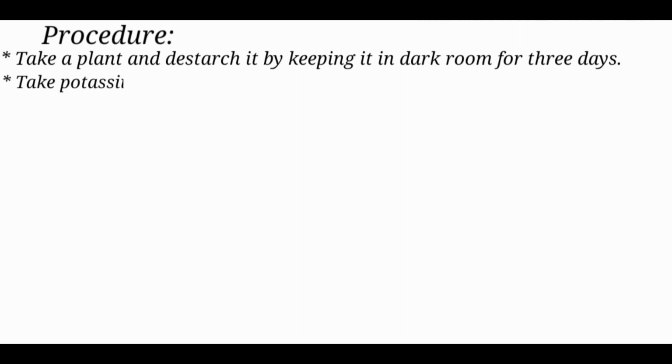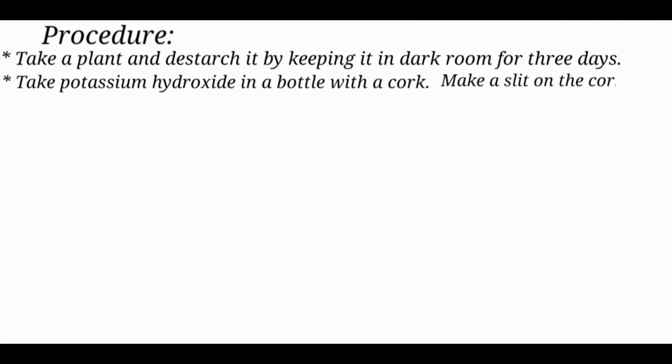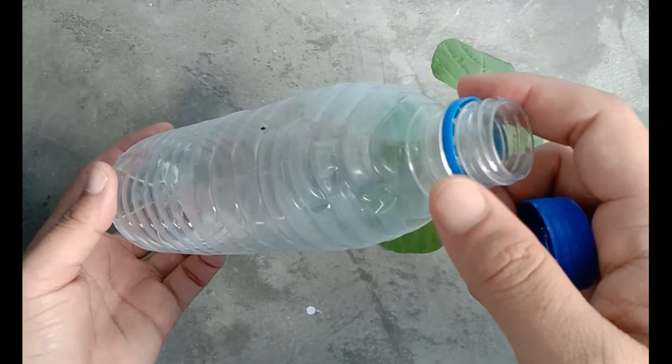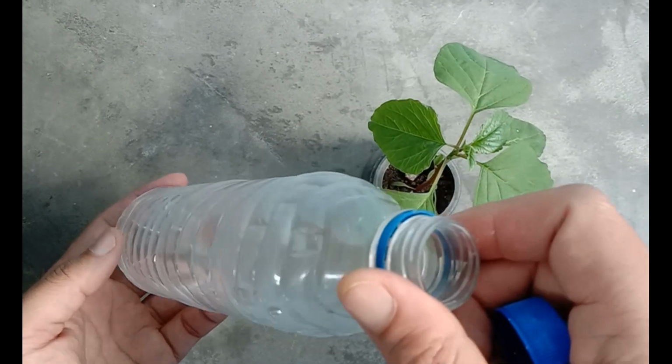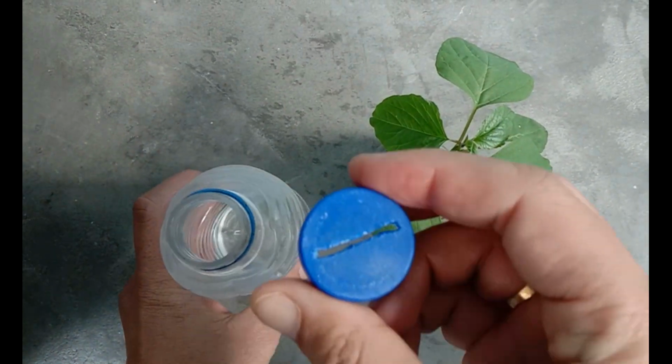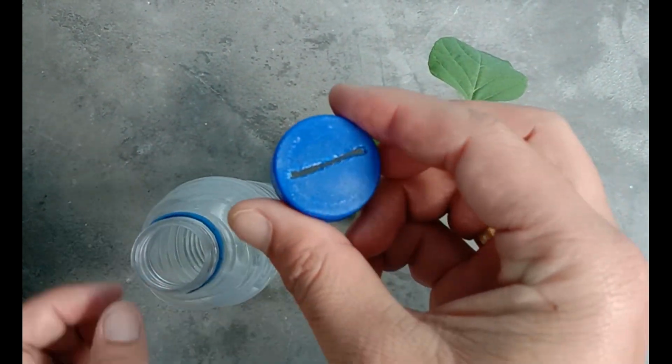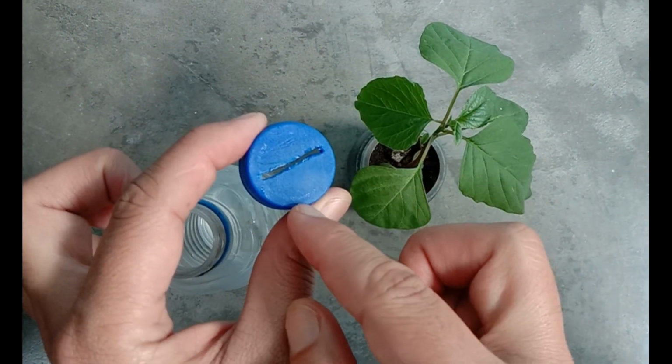Take potassium hydroxide in a bottle with a cork. Make a slit on the cork. I have taken potassium hydroxide solution in this bottle and I have made a slit on the cork of the bottle.